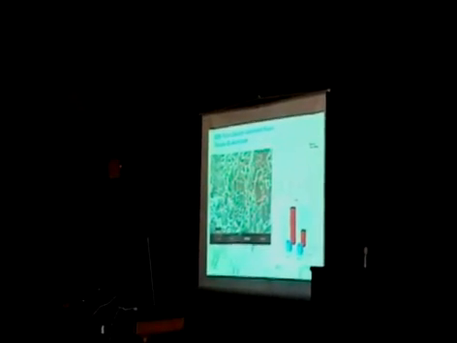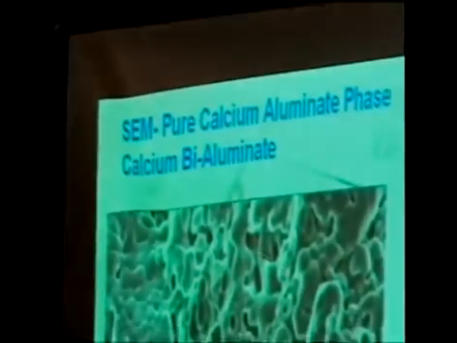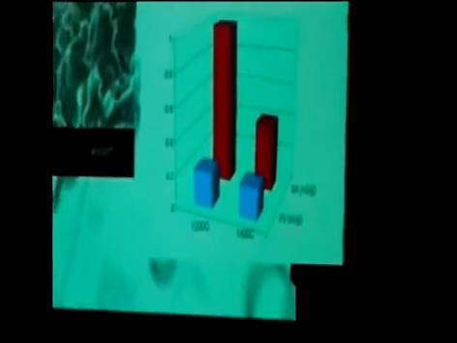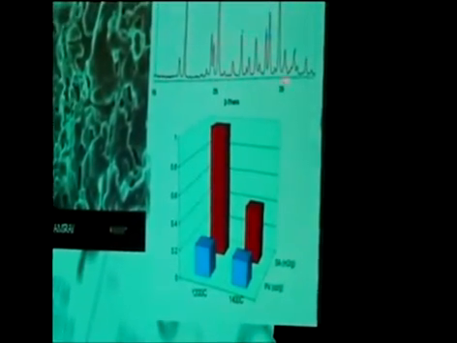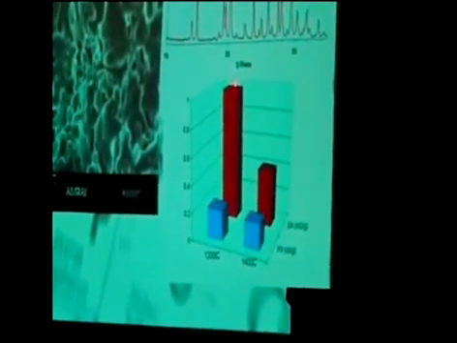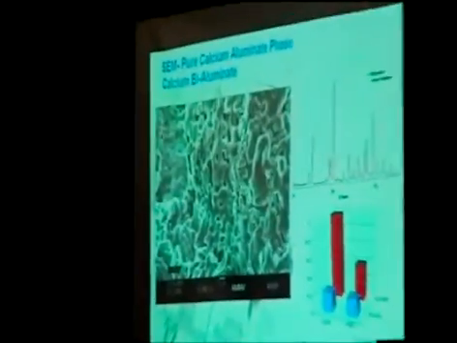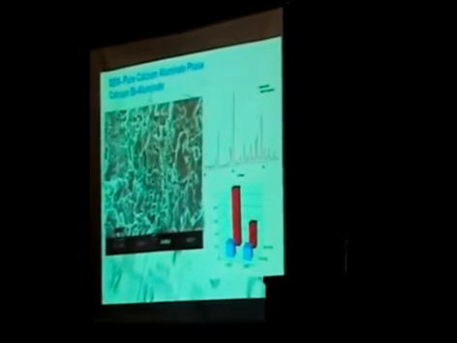And this next one is 1 calcium and 2 aluminum. You can see the picture as well, pretty much similar to the previous one. And again, the peak is quite nicely fit to the theoretical peak position. And from here, you can see this material is more thermally stable and retains more surface area.